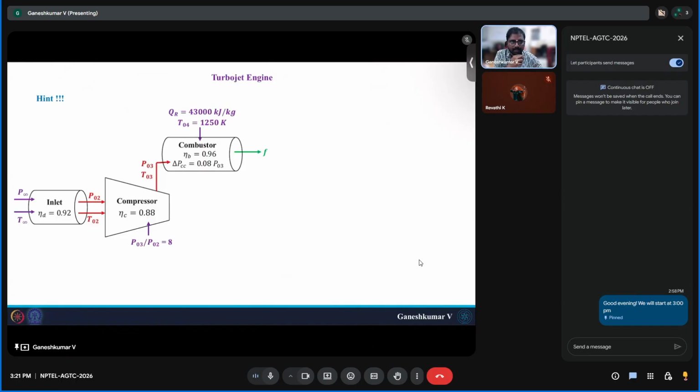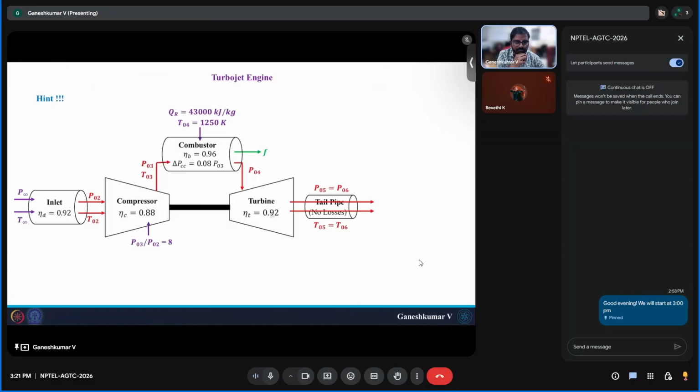Or basically the amount of mass of fuel that you give to the combustor. And we will also need to know P04. So once we know these two, and also compare the work from the compressor and turbine, we can find P05 and T05, and then it has to go through the tailpipe for losses.